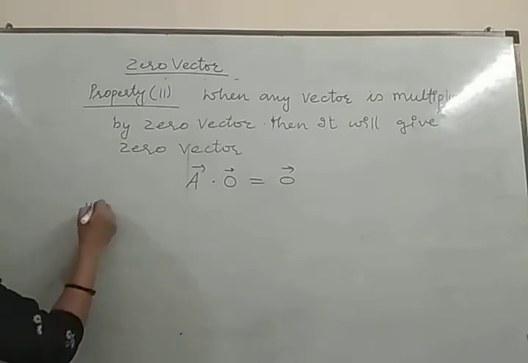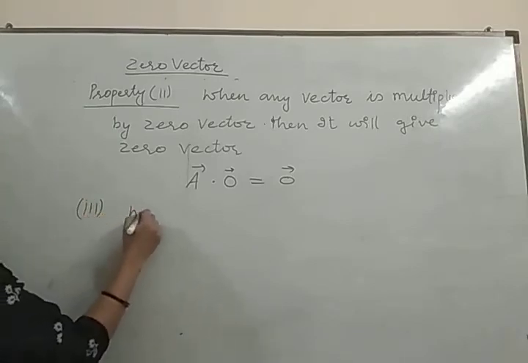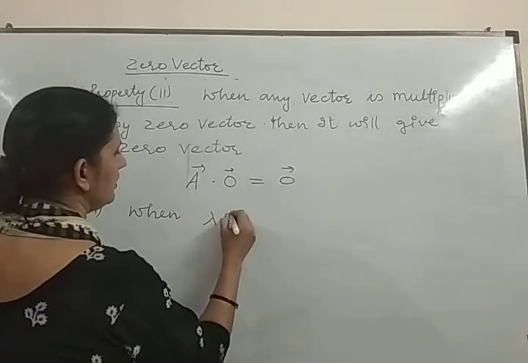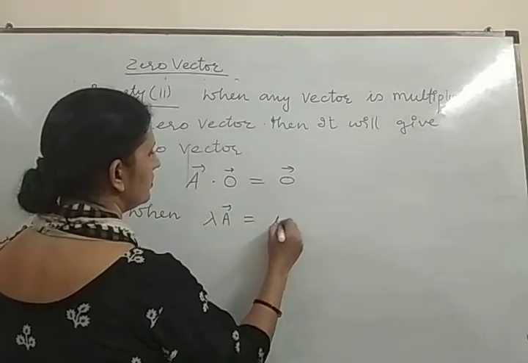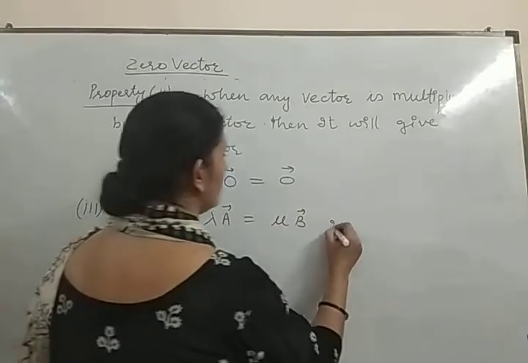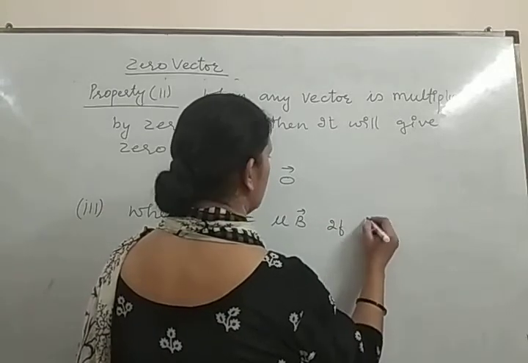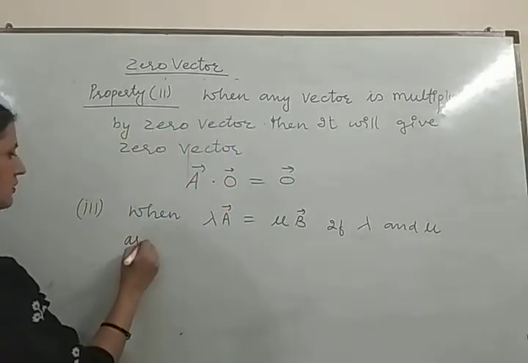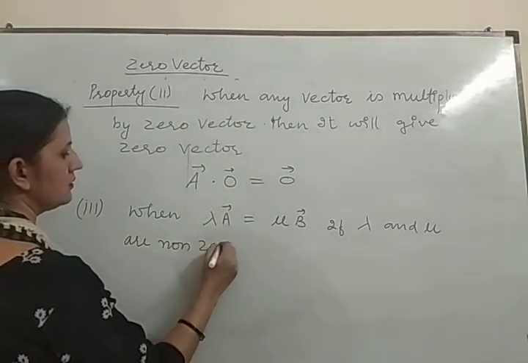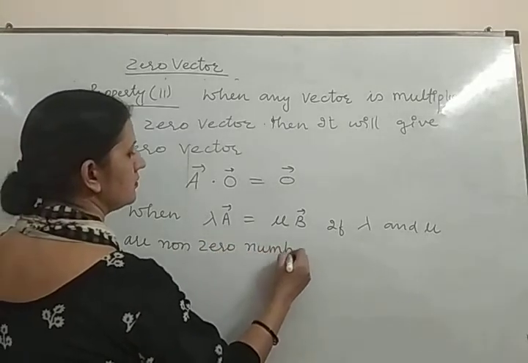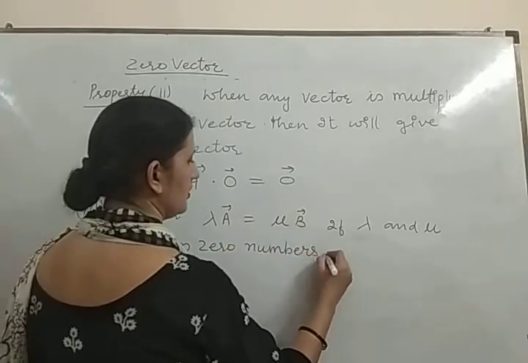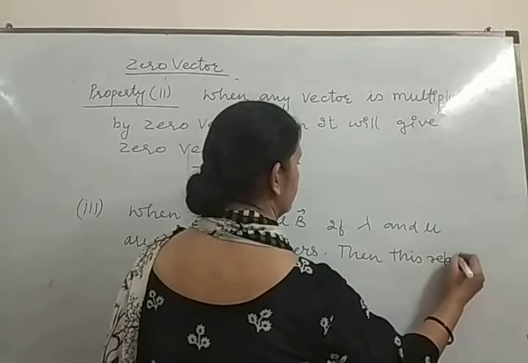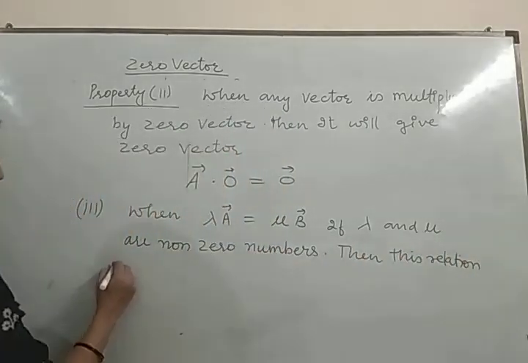And then the third property: when lambda A is equal to mu B, if lambda and mu are non-zero numbers, then this relation is valid.